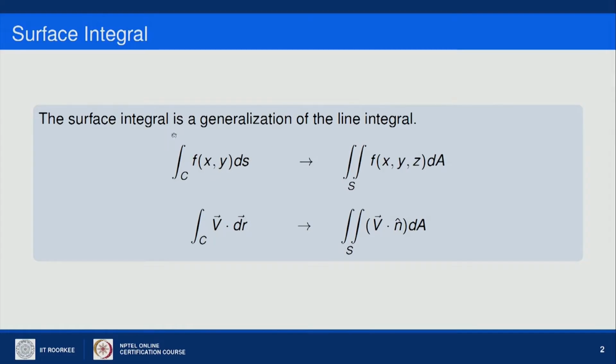For example, the line integral with respect to arc length s along a curve C is given by this formula.